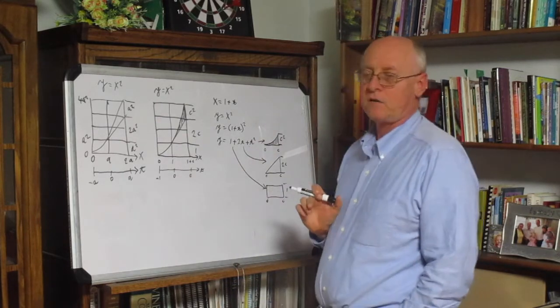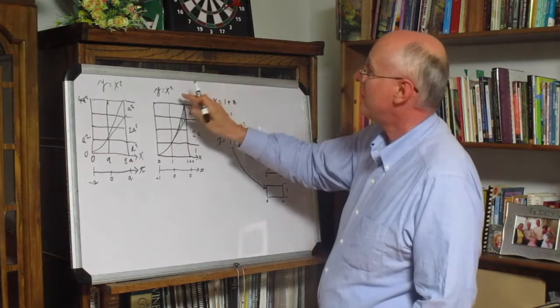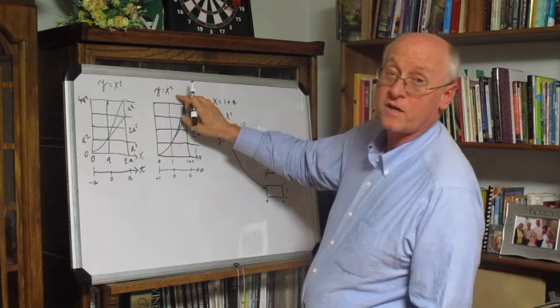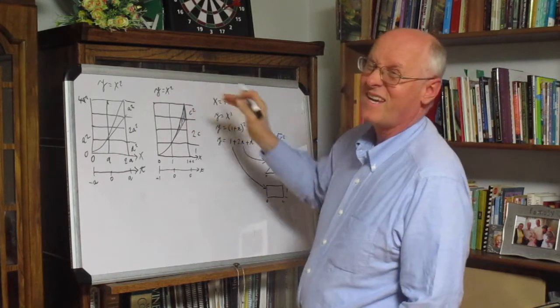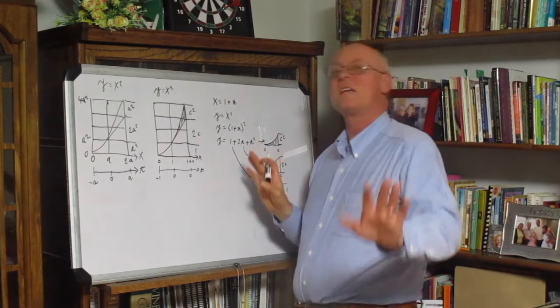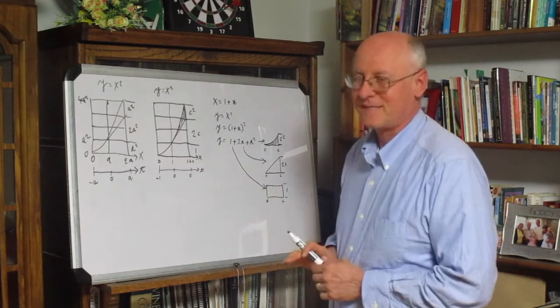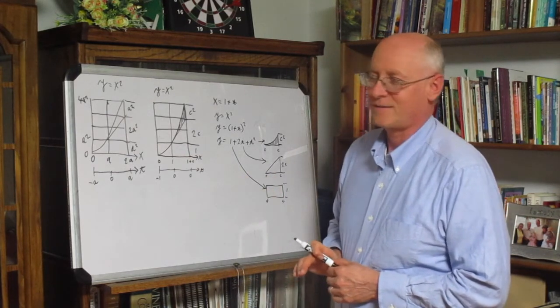That's what Professor Wildberger does, except he does it not for y equals x squared, he does it for y equals x to the n. We're going to work up to that. We're not ready for that, not yet. Professor Wildberger says that that's high school stuff.